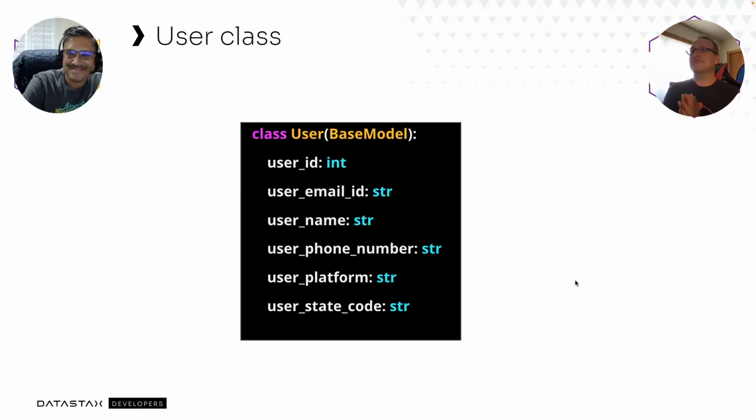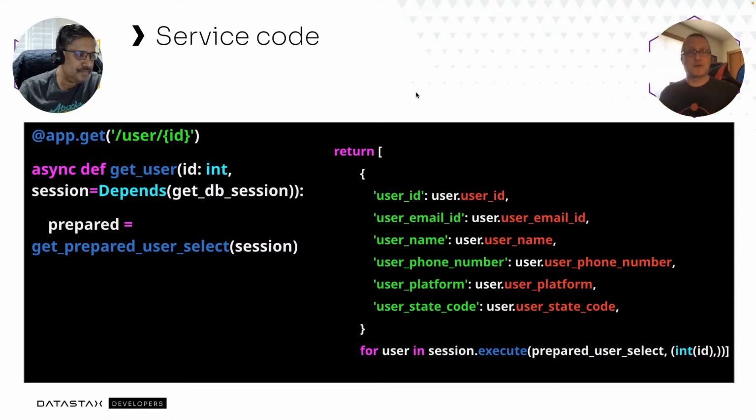All right. So also, to help out with our RESTful call, I've created a user object class here. And again, it has properties which match the columns in that user Cassandra table. So this is pretty simple, but this is where we put it all together.